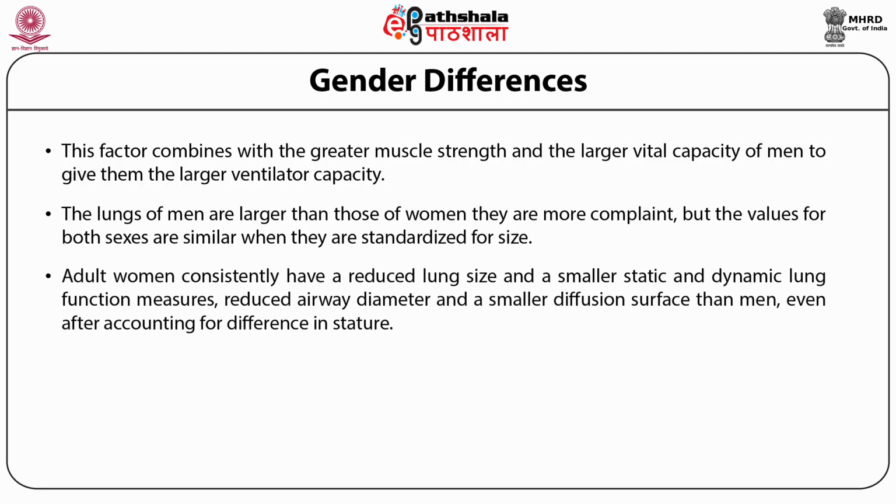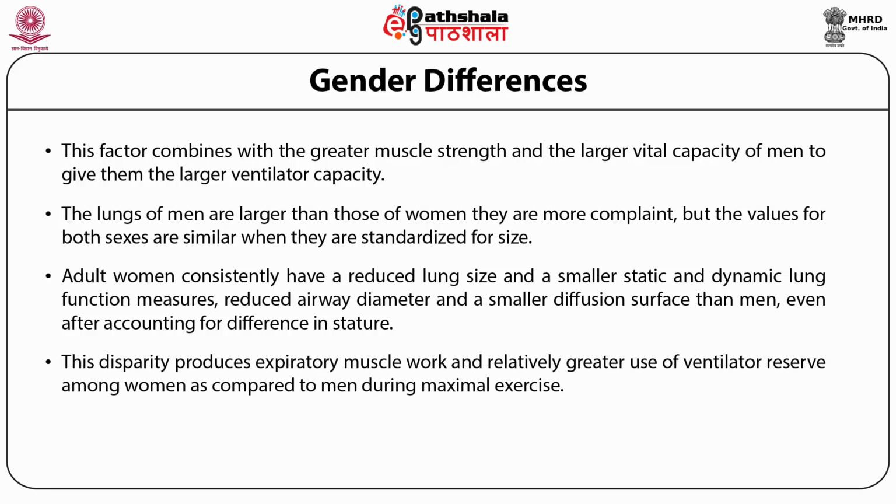Adult women consistently have a reduced lung size and smaller static and dynamic lung function measures, reduced airway diameter, and smaller diffusion surface than men, even after accounting for differences in stature. This disparity produces increased expiratory muscle work and relatively greater use of ventilatory reserve among women as compared to men during maximal exercise, especially for highly trained women as compared to trained men and less fit women.